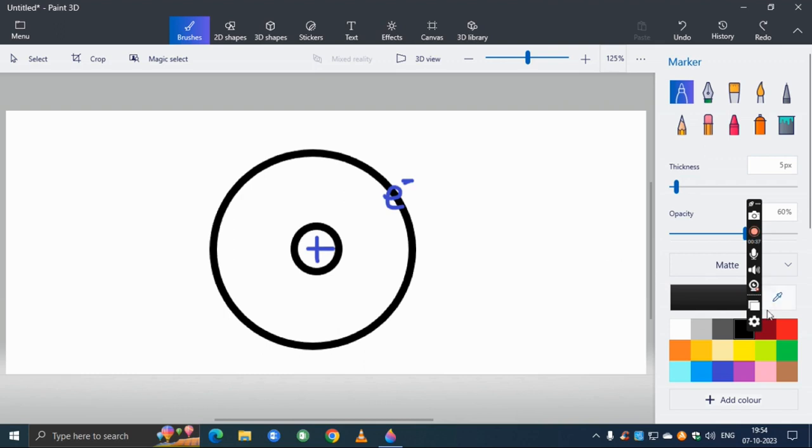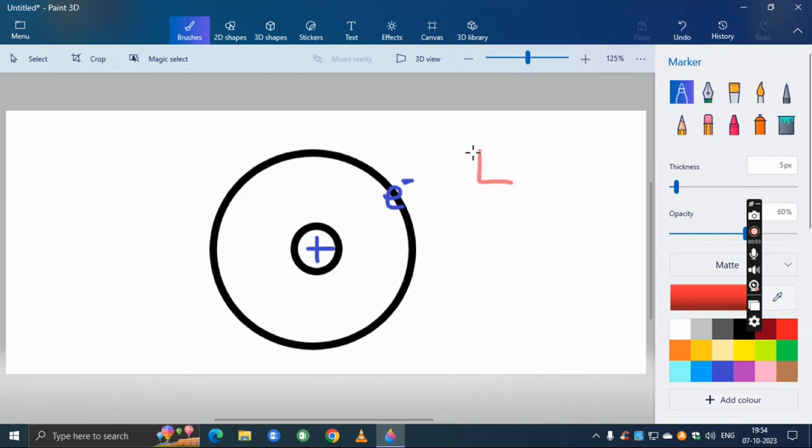Alright, to calculate the expression for the radius of the nth electron orbit, we need to know about an important postulate.